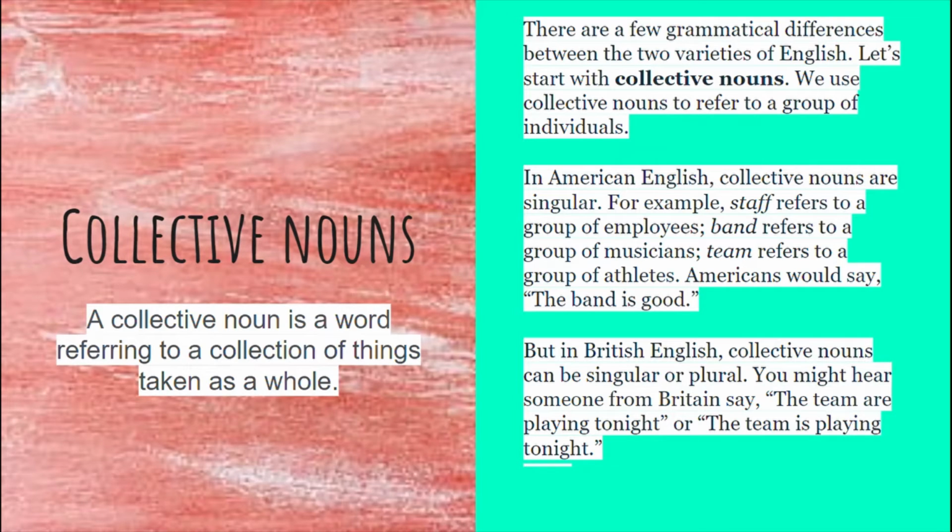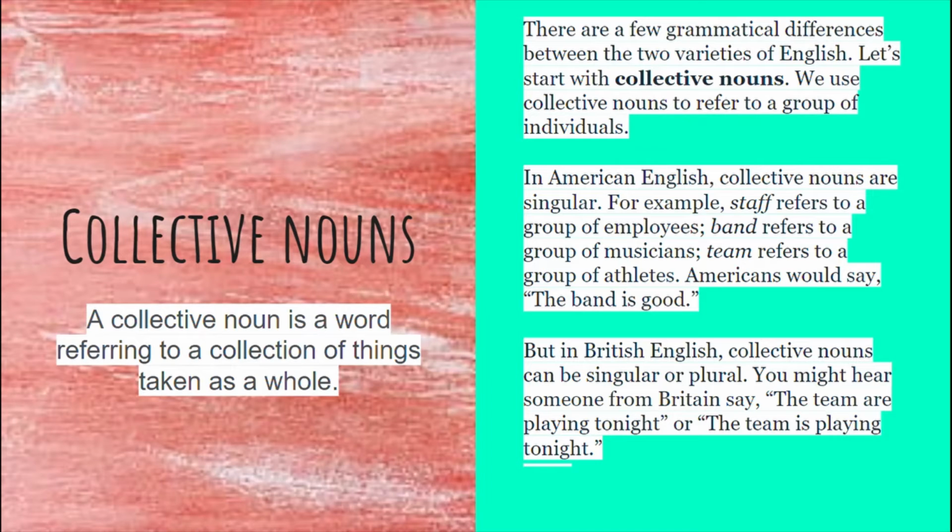There are a few grammatical differences between the two varieties of English, so we're going to start with collective nouns. Now, in American English, collective nouns are singular.